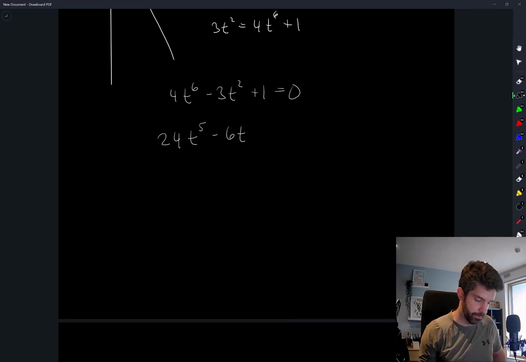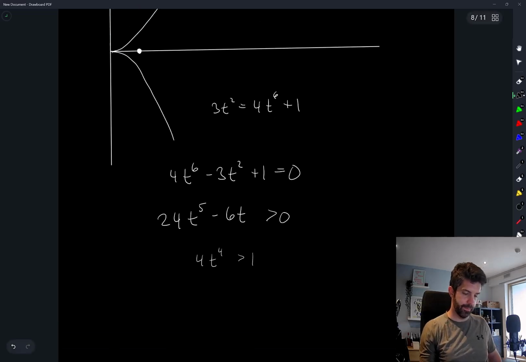When is this positive? When 4 t to the 4 is greater than 1.